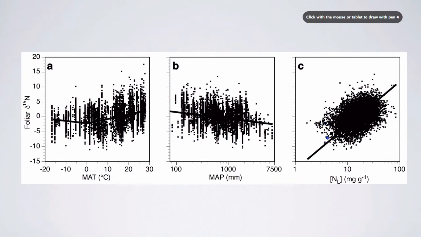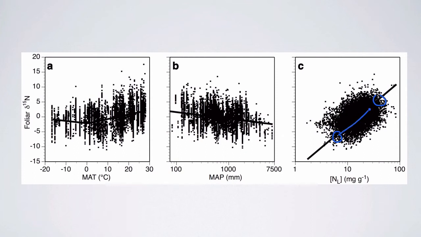Lastly, and this is probably the strongest pattern, we measured the nitrogen concentrations of those leaves, milligrams of nitrogen per gram of leaf tissue. Those leaves that had high nitrogen concentrations tended to be enriched in N15. Those that had low nitrogen concentrations tended to be depleted in N15.